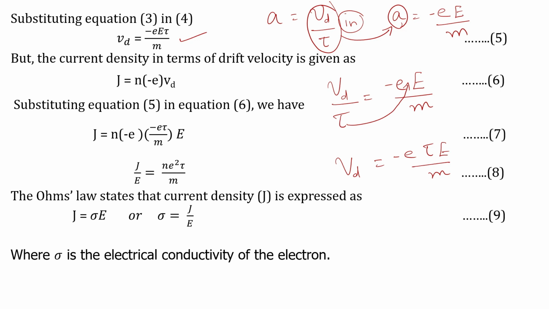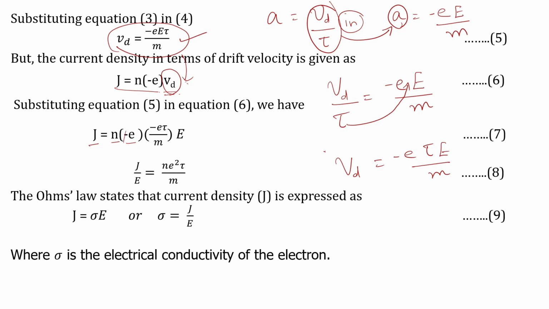We know that current density is n minus e Vd, and substituting the expression of Vd from this equation, we get J is equal to n minus e, where Vd is replaced by minus e tau E by m.